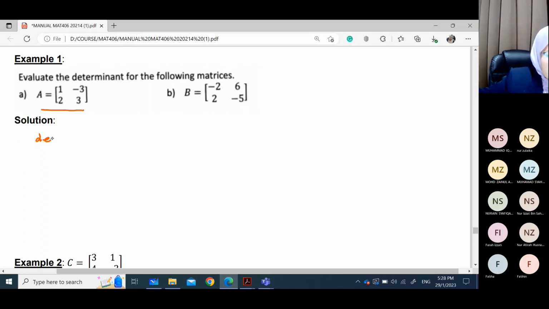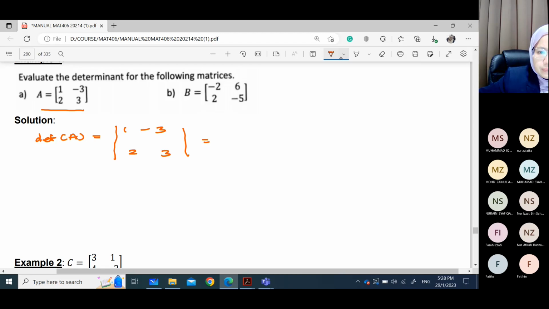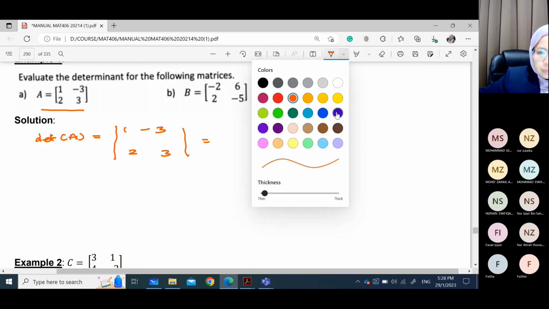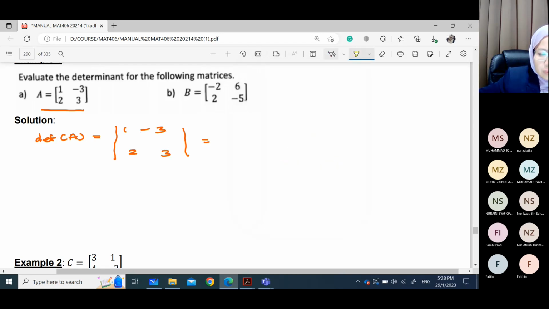So determinant for A, it is equivalent with this one, 1, negative 3, 2, 3. Okay, so it is equivalent with AD minus with BC.